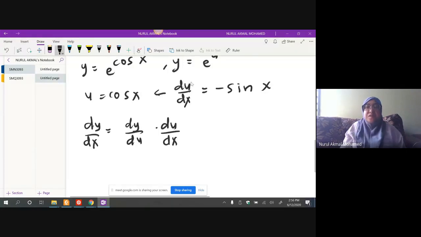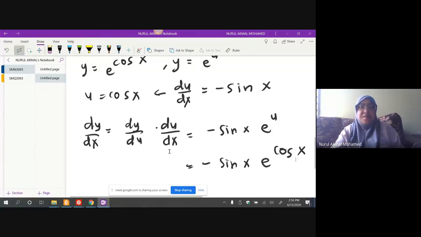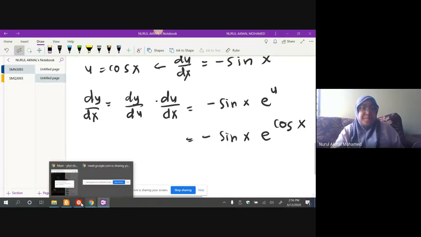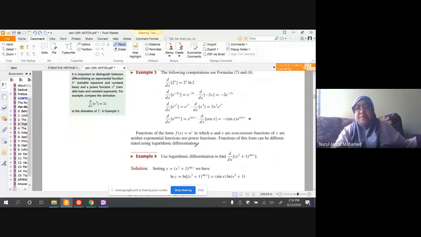So this will be negative sine x multiplied with e to the power of u. For cos x, you will get negative sine x multiplied with e to the power of cos x. So that is your final answer: negative sine x e to the power of cos x.